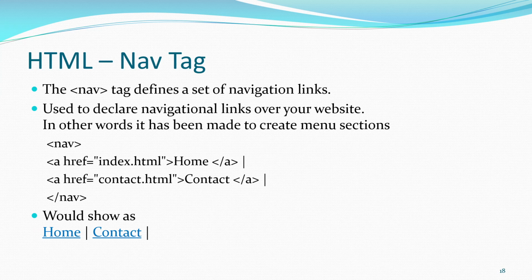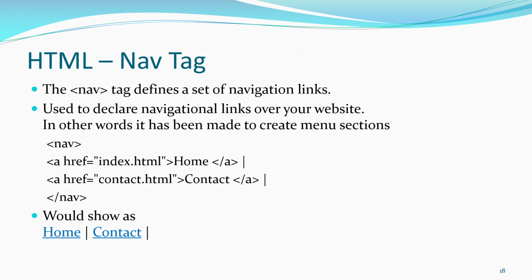Okay, the Nav tag defines navigation links, and all your links are confined within the Nav tags. This way you can create a menu, and if you use the pipe symbol after each closing A tag, that is displayed as a separator between the links.